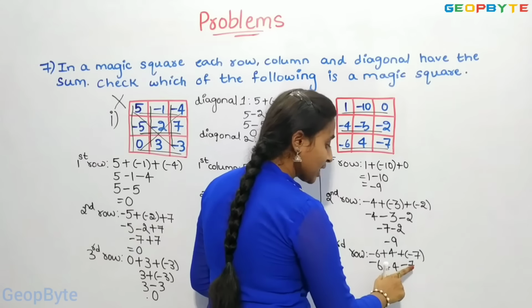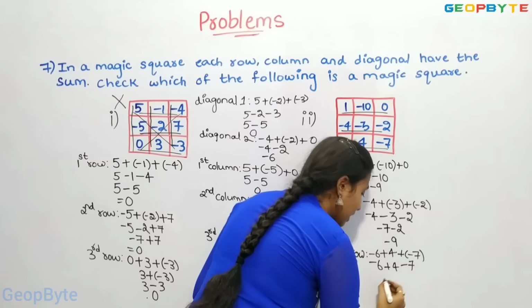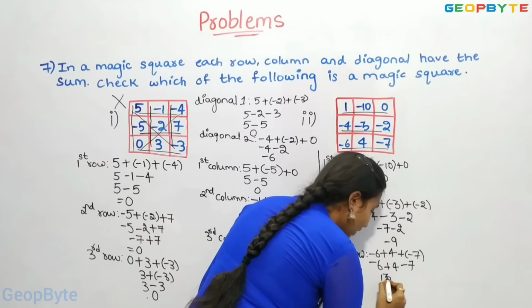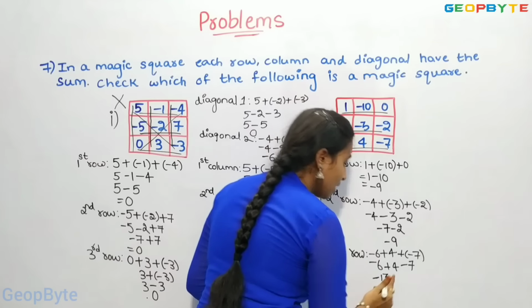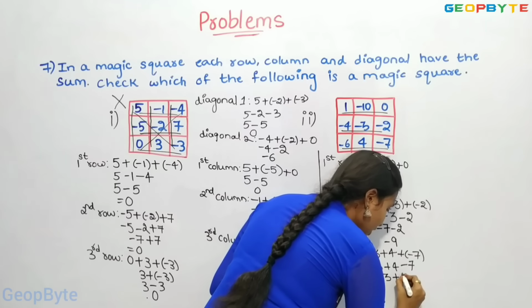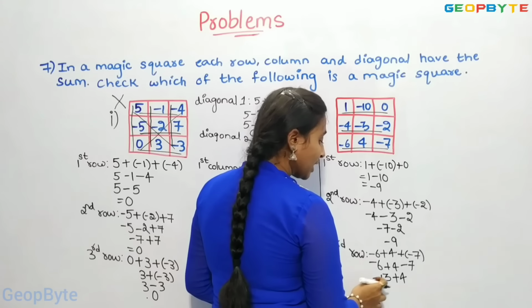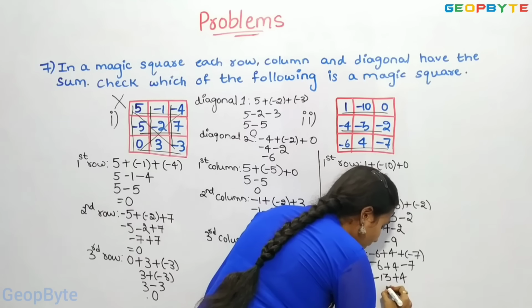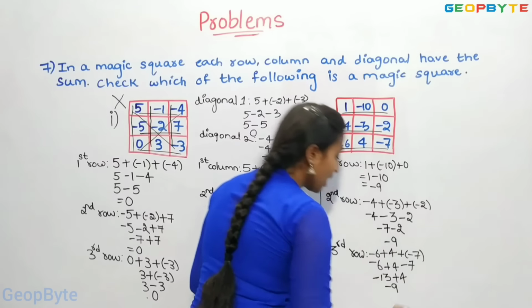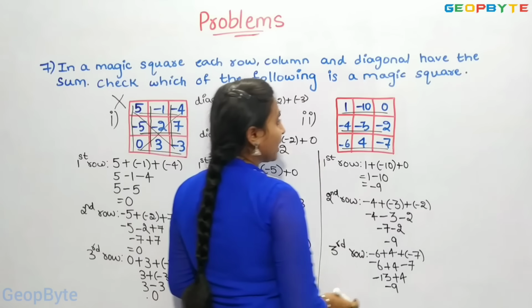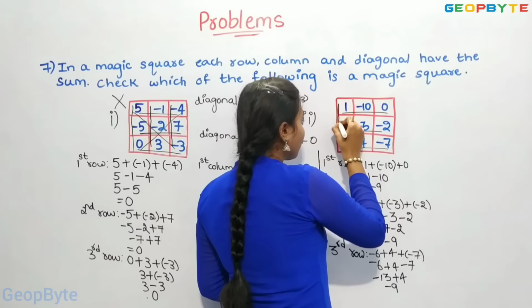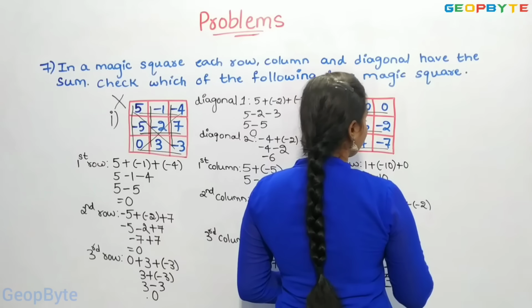Minus into minus plus 6 plus 7 13. That is minus 13. The leftover number is plus 4. Minus 13 plus 4. That is minus 9. Now let us see the first column.